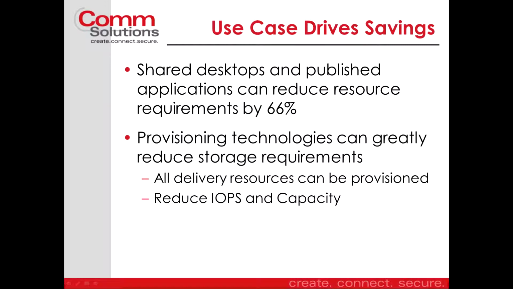The other important part of this factor is that use case drives savings. When we leverage shared desktops and published applications to deliver to users, we can reduce resource requirements by 66% in a lot of cases. Provisioning technologies can also help with this. Provisioning services, as we all know, provide single image management. So from that perspective, we can greatly reduce our capacity.